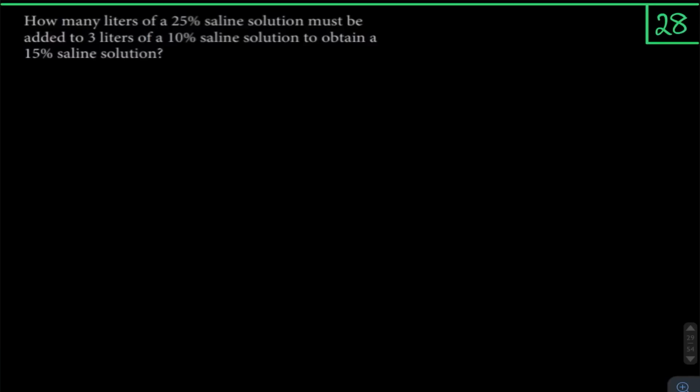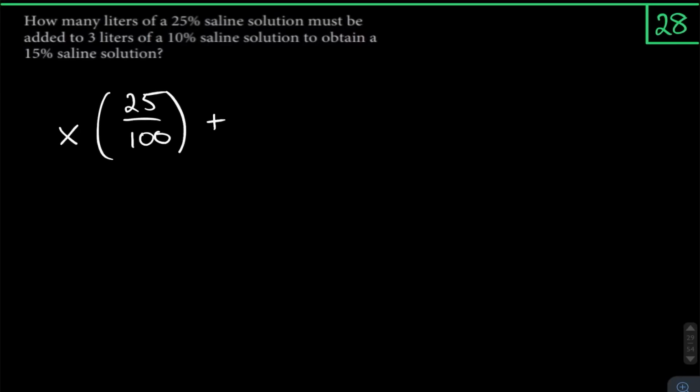So we're seeing, how many liters of this 25% saline solution. I'm going to get rid of these percents right now and just say, well, the amount of liters, which we'll call X, times this 25 over 100. That's what we're adding in. It's this many liters of this.